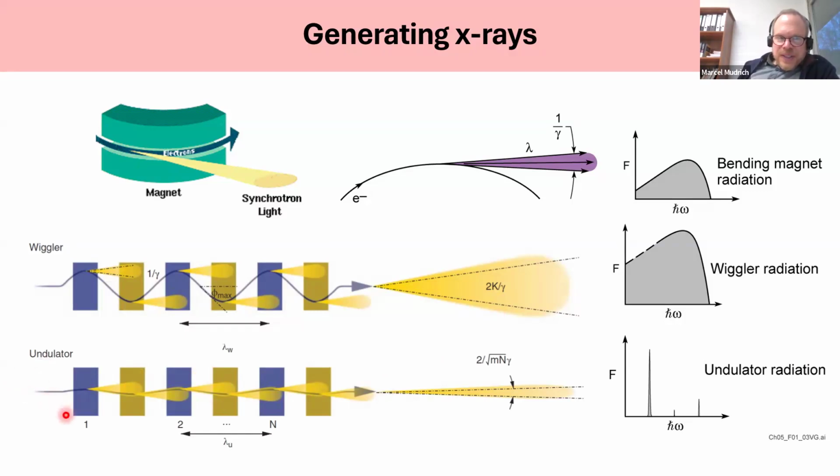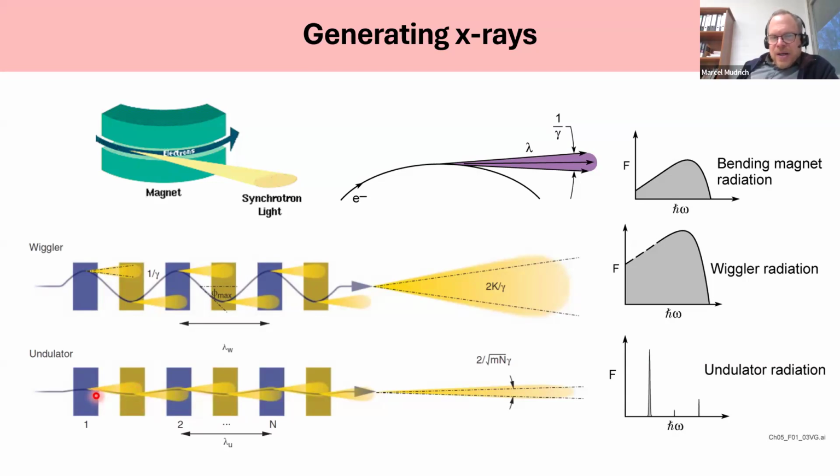The basic principle, again, is just a periodic arrangement of bending magnets, but in this case the deflection of the electron trajectories in every element of the undulator is so small that the emitted light from every element superimposes and interferes with the light emitted from the next period in the undulator.